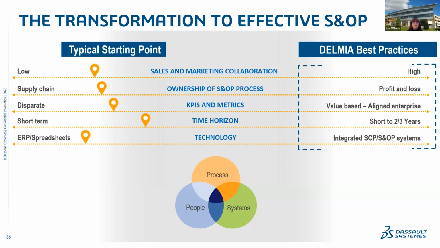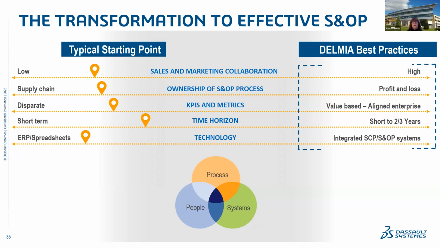So this particular slide is looking at the spectrum of where companies start this transformation and where they could end up. Typically, if you're looking for collaboration, I mentioned sales and marketing, but it includes so many other stakeholders.